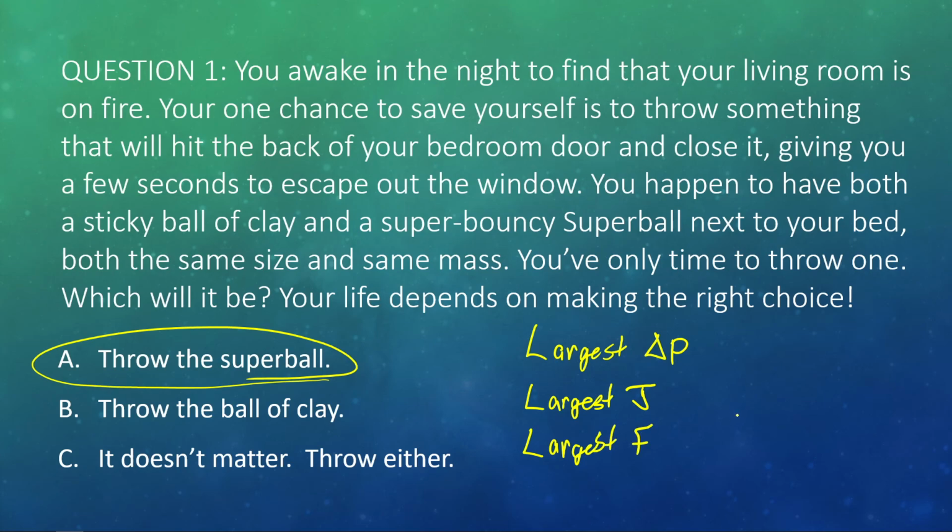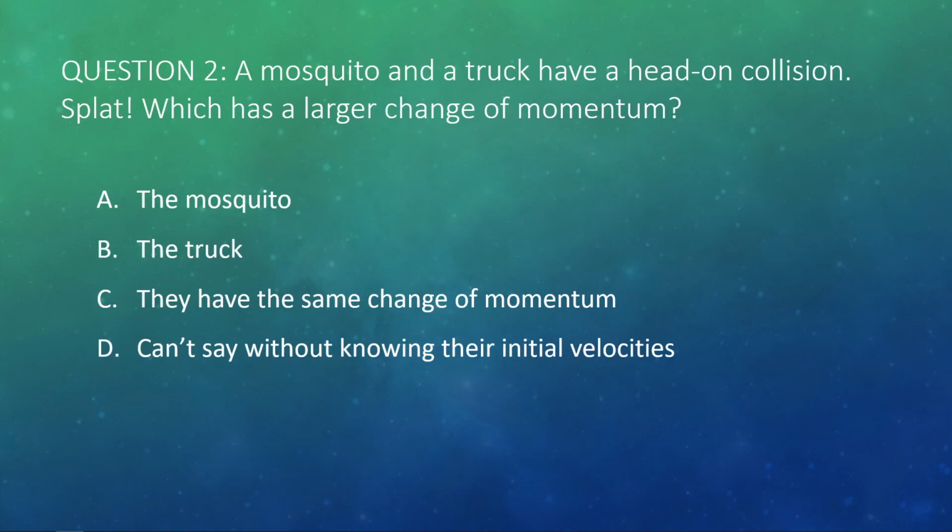Because remember, J equals F delta T, and we knew this because J equals delta P. So if you have a larger change in momentum, you have a larger impulse, which means you deliver a greater force to the door, meaning you are going to be more effective at closing the door if something can bounce off of it. So that is just a series of steps to figure out how that might work. So with that said, let's go to our second question.